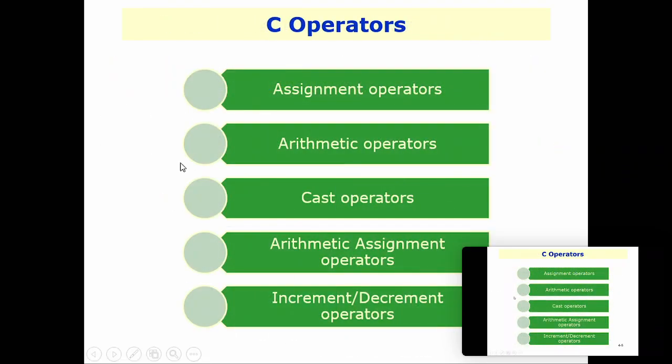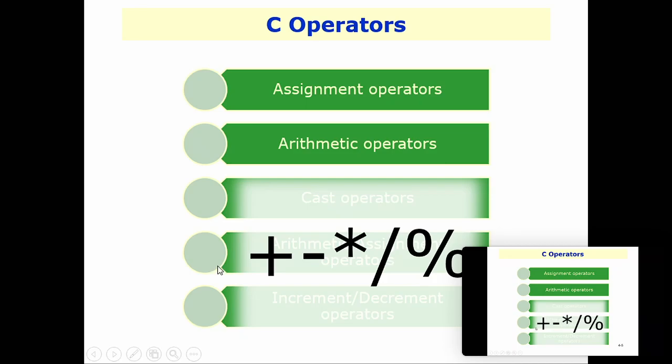Next, arithmetic operators. So I'm going to introduce not 4 but 5 operators: plus, minus, multiplication, division, and the last one, percent. This is a modulus to return the remainder. Actually, we already used it in the first week of the lecture to distinguish even or odd numbers.